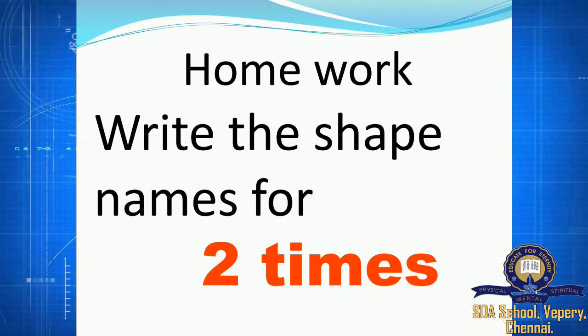Children, I hope you understand this chapter. I hope you all enjoyed it, and the very important thing is you learn the spelling. Next class we will learn about 3D shapes.